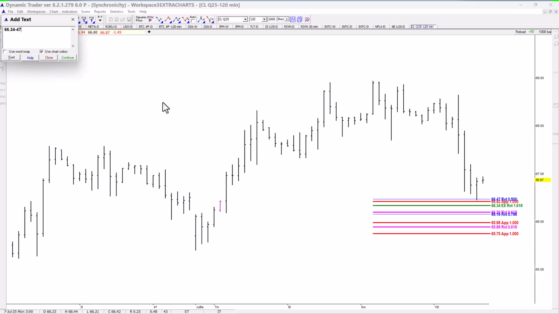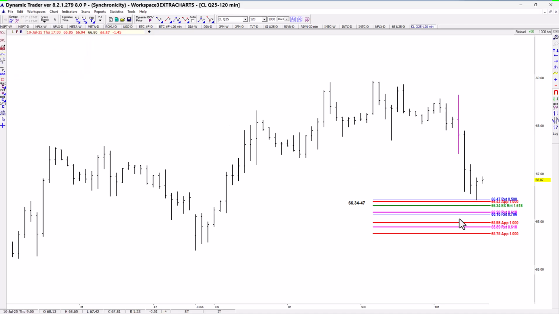Now we have another area that's not quite an official setup because there's only 2 price relationships here. So you have a 786 and a 618, so 66.16 to 20 would be another decision, but it's not an official setup. But then the other setup would be, symmetry by itself is a setup. So you can look at this area for possible support and then also this area.